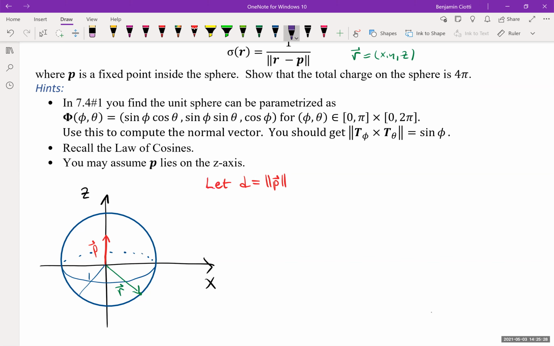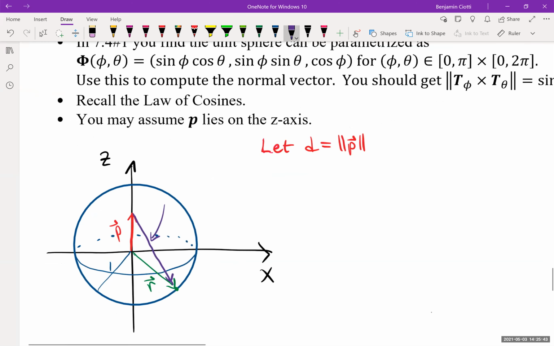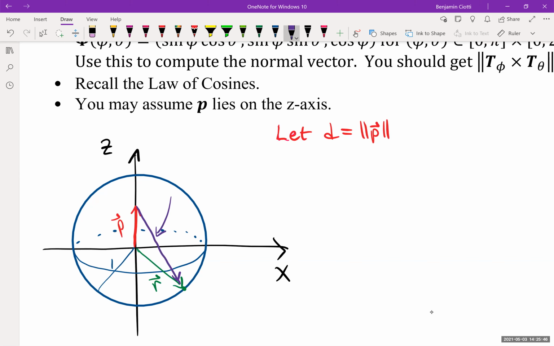And I can create a triangle. It's not a right triangle, though, interestingly. And this purple vector would be the vector that connects r to p. That's how you go from one vector to another. You do the head of one minus the head of the other.